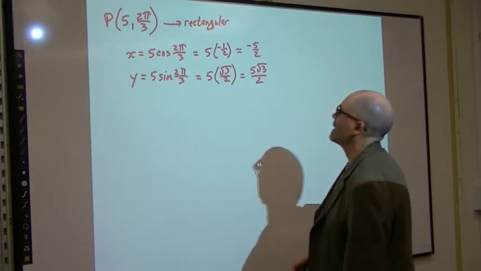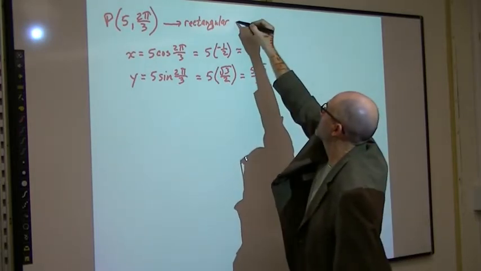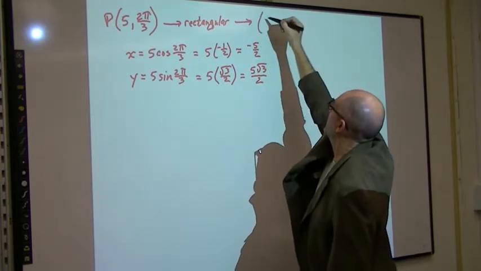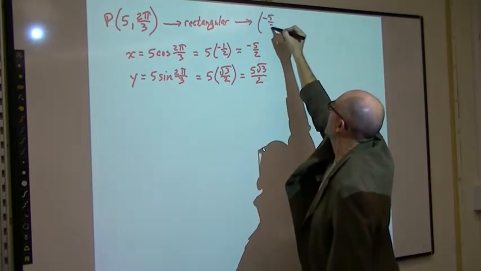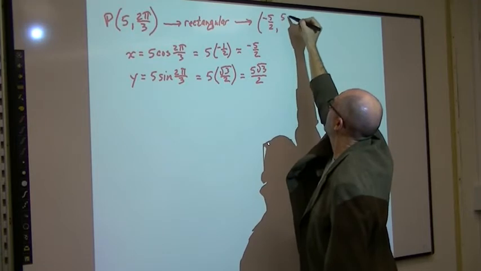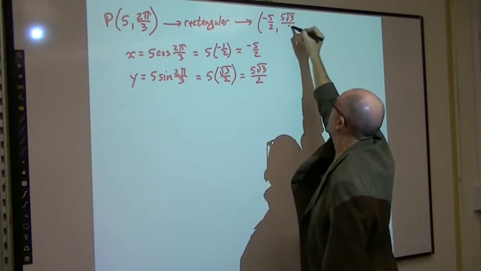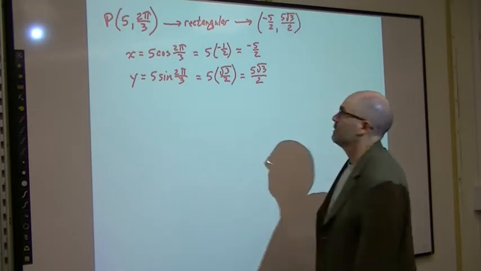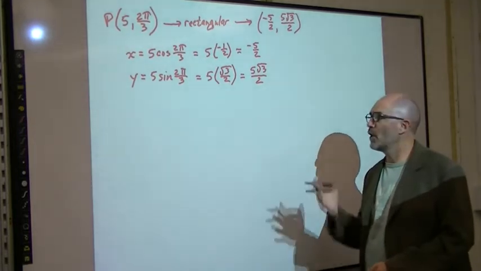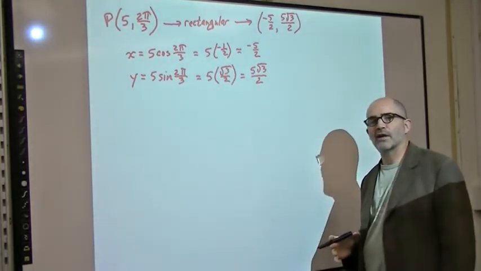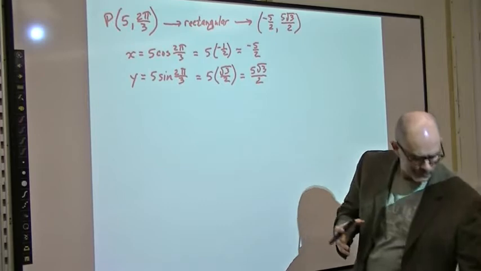So my rectangular coordinate is just going to be negative 5/2, comma, 5 square root of 3 over 2. That's it, game over. No calculator was required in the making of this omelet.